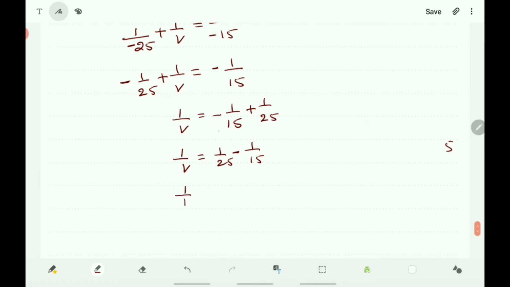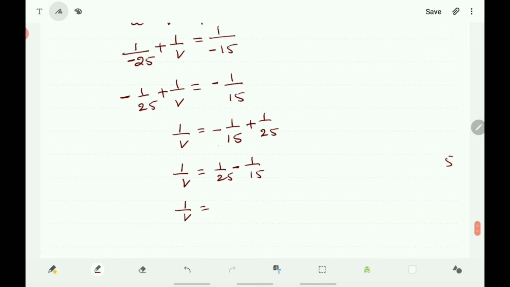Next, 1 by v is equals to, take the LCM of 25 and 15. First you take the smallest prime number, that is 3. 3 5s are 15 and 5 5s are 25, so the product is 5 5s are 25, 25 3s are 75.